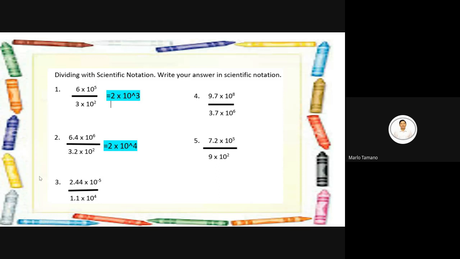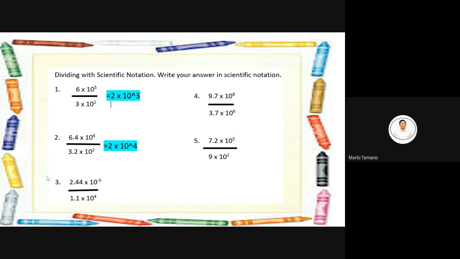2.44 divided by 1.1. Repeating number, 2.218. So, ang repeating dyan, 1818, sir.